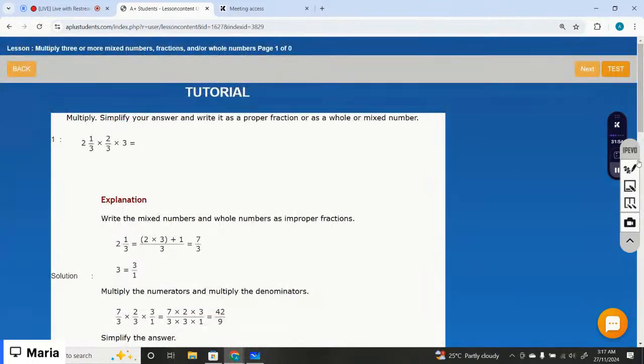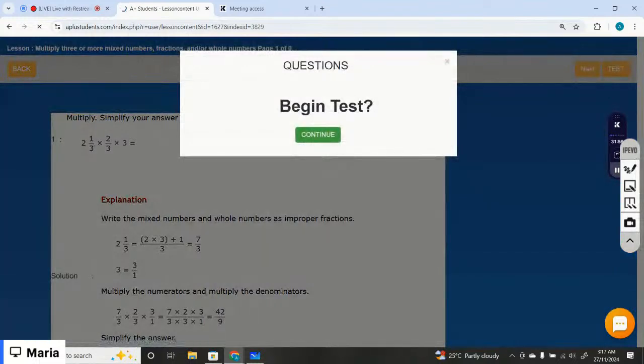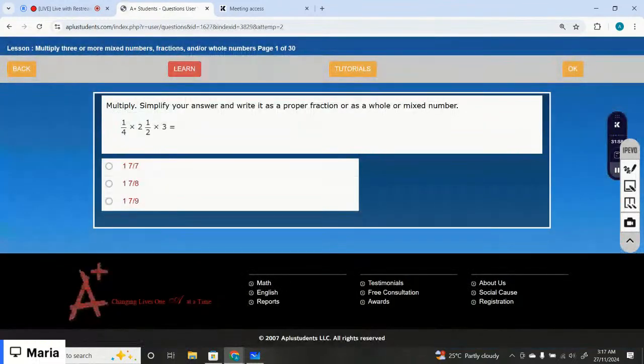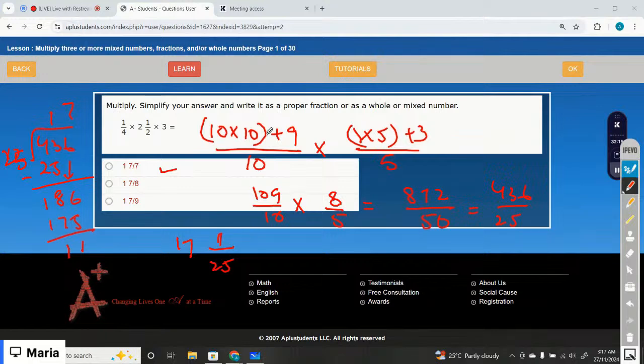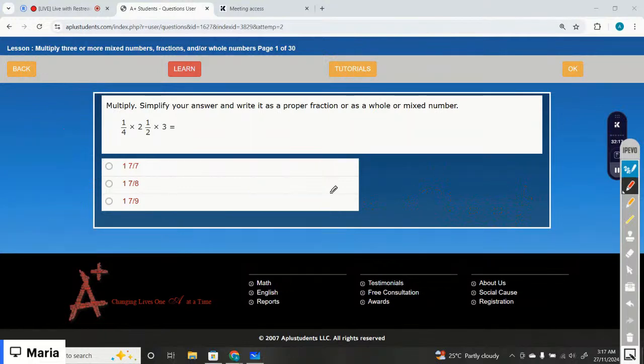Let's just start with the test question. 1 by 4 times 2 whole 1 by 2 times 3. That is 1 by 4. 2 times 2 is 4 and 1. 5 over 2 times 3.